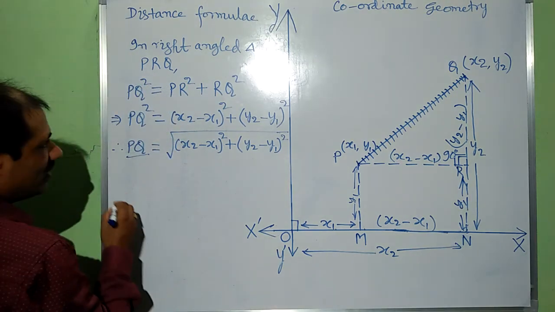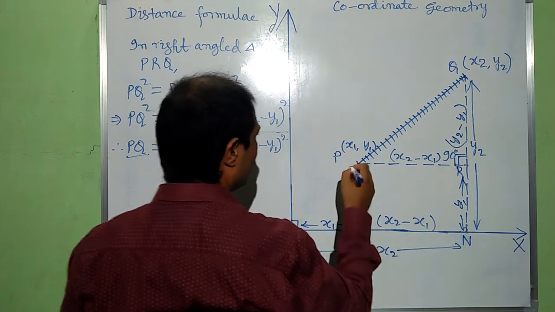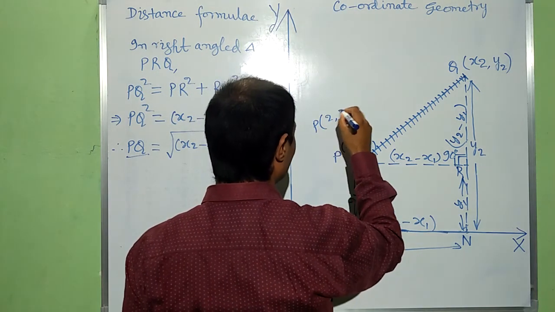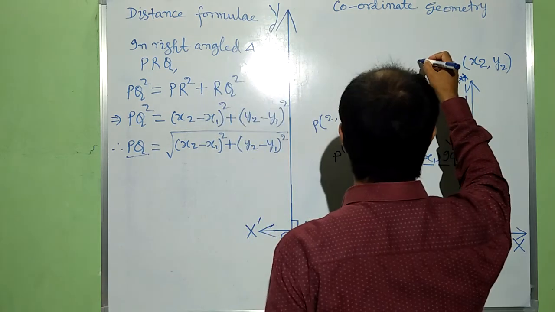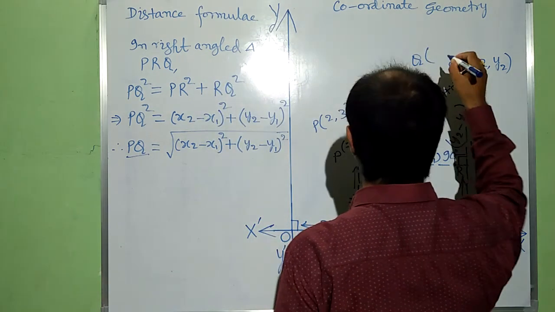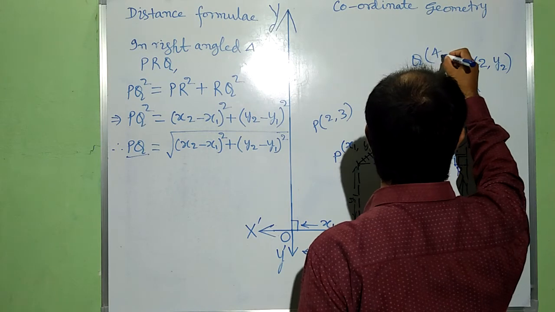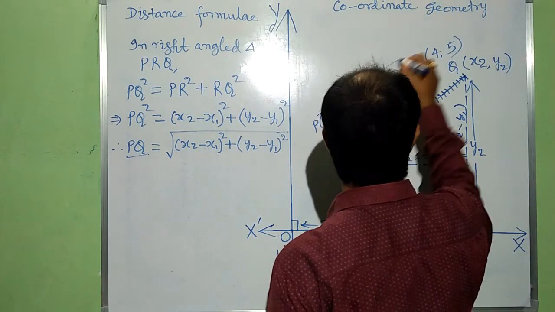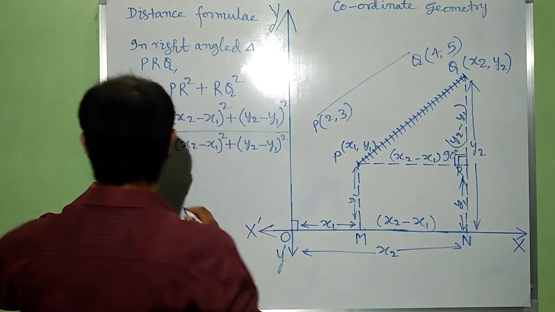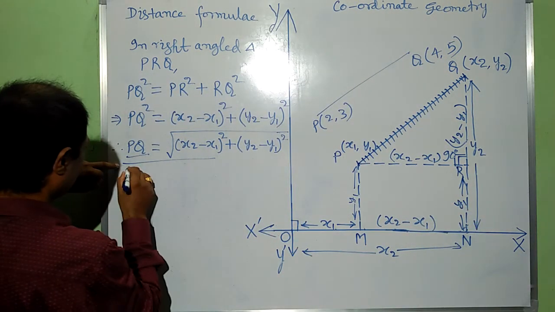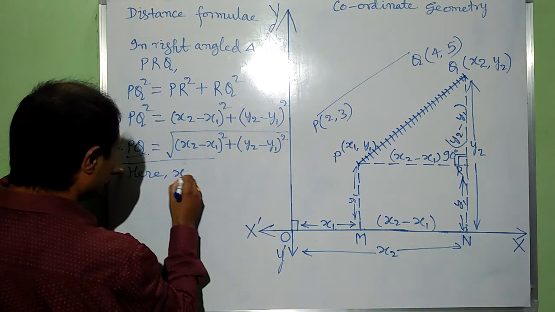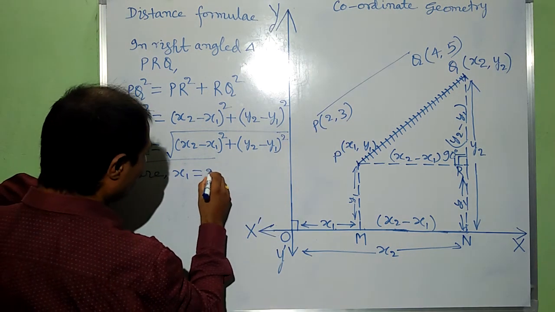Take an example. Suppose P is a point, its coordinates are 2, 3. One other point is Q. Its coordinates are 4, 5. Then we have to find its distance like this. Here x1 is equal to 2.